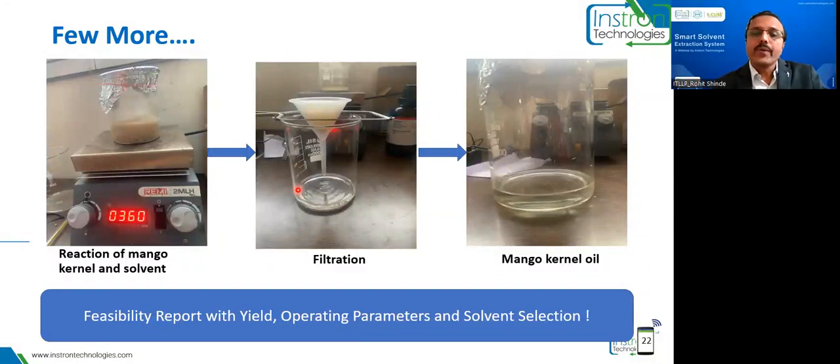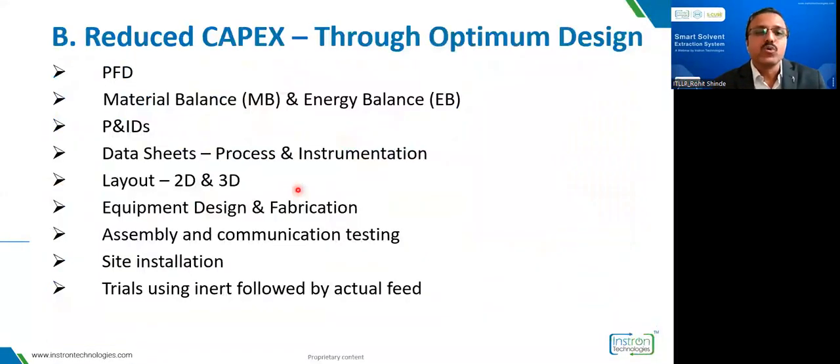To get more revenue to the farmers, we have developed a skid mounted plant which is movable, and a number of farmers can jointly use the plant at their places to reduce the operating cost. So we are going to launch that skid mounted system soon.